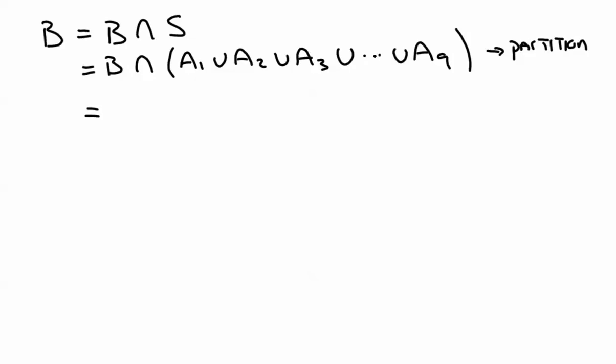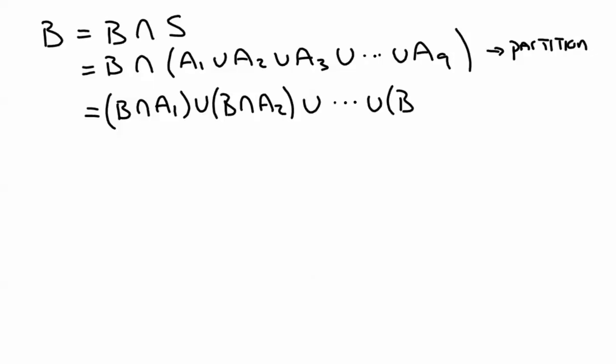By using the distributive property, I then have B intersect A1 union B intersect A2 union, and by the way, in the figure that I showed earlier, I used 9 events to partition my sample space S. I could have any number.